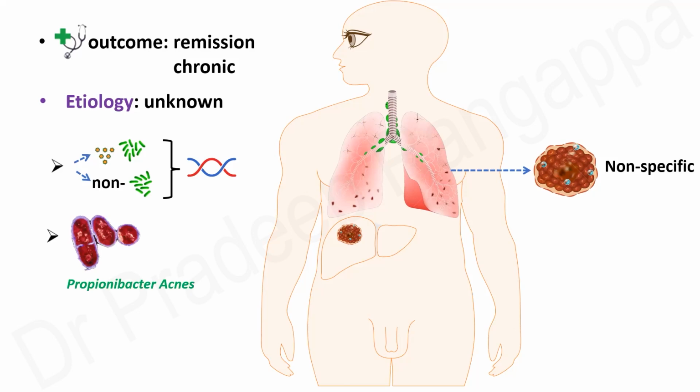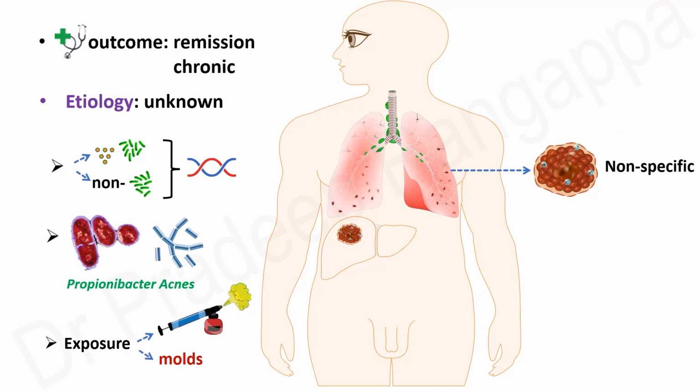The infections attributed include Propionibacterium acnes, and even exposure to Mycobacterium tuberculosis protein can trigger sarcoidosis. There have also been reports of exposure to insecticides, pesticides and molds as etiological components. So effectively, the precise etiology is not known, but these are the postulated etiological reasons.